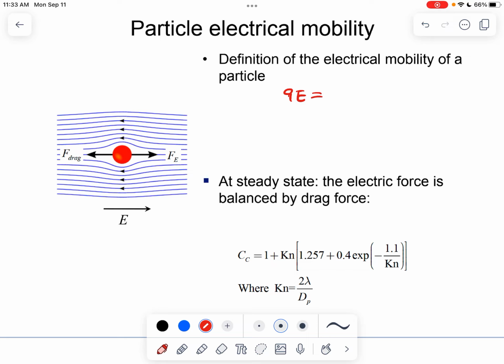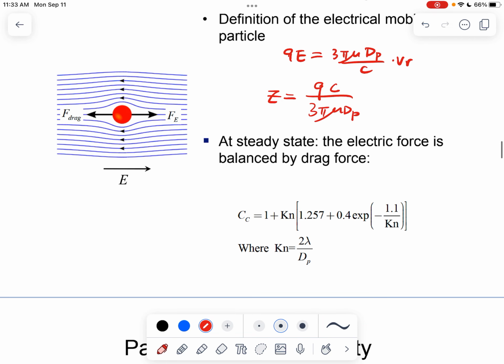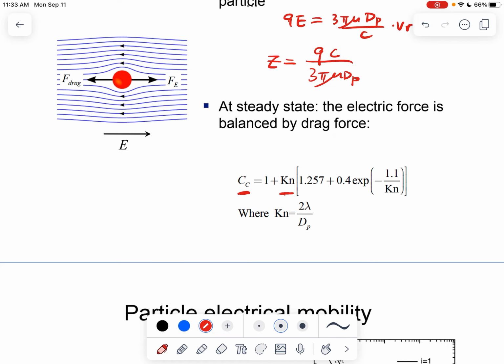Okay, so here are some more derivations or explanations, right? So basically, you just set this drag force equal to the electrostatic force, right? So electrical mobility is just QC divided by 3 pi mu dP. And further, as we introduced earlier, the C here is the Cunningham slip correction factor, right?